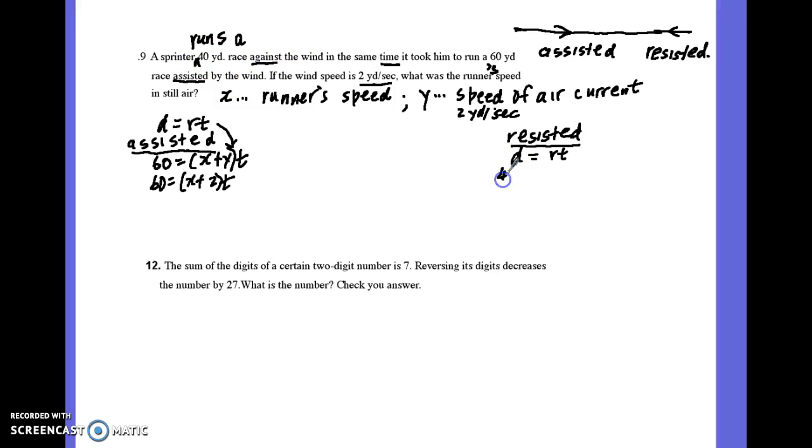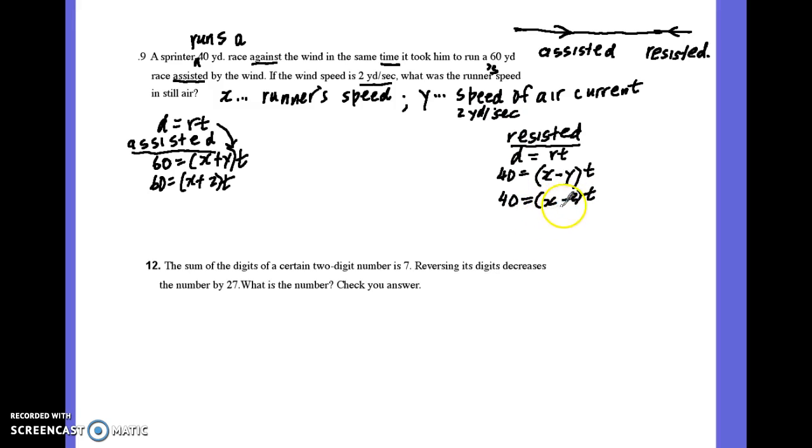So it's 40 yards. The rate now is x minus y, because he's being pushed back by the wind, pushing as if on his chest, times t. I'm going to write again 40 is equal to x minus, the y is still 2 yards per second, so it's going to be minus 2 times t.